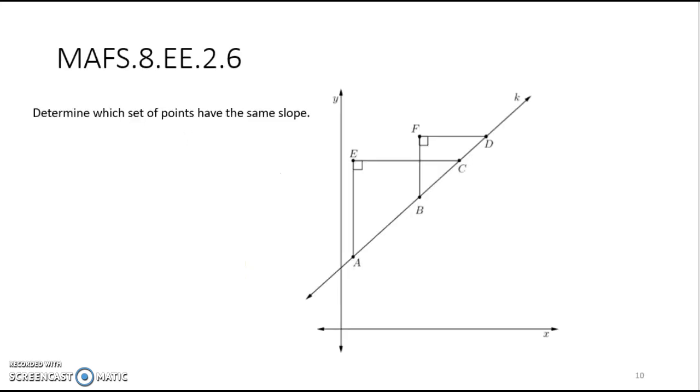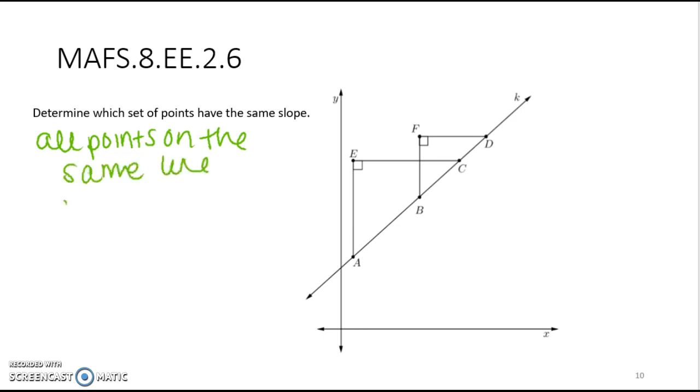All right, so determine which set of points have the same slope. When we talked about slope, we talked about how all points on the same line are collinear.